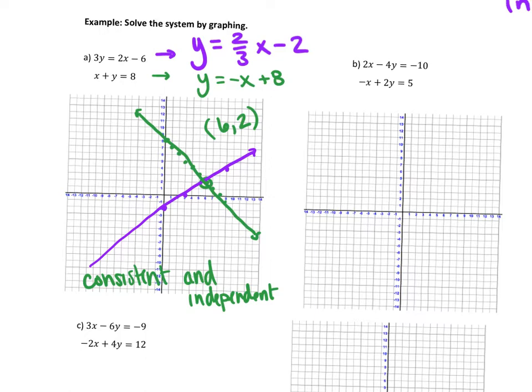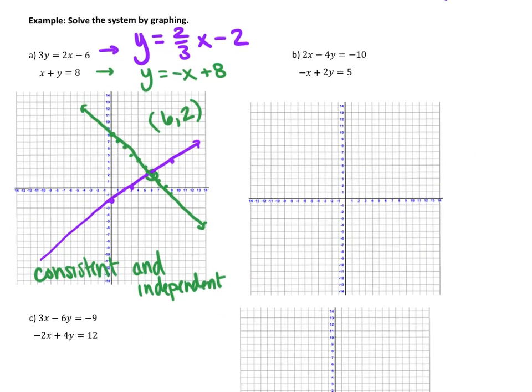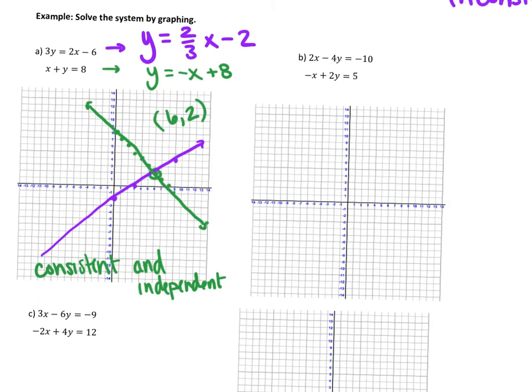If we look at the next equation, 2x minus 4y equals -10. Again, I want to get y by itself. So to get y by itself, I'm going to subtract off the 2x. So I get -4y is equal to -2x minus 10. Divide everything by -4.